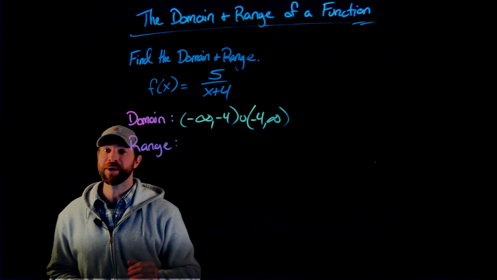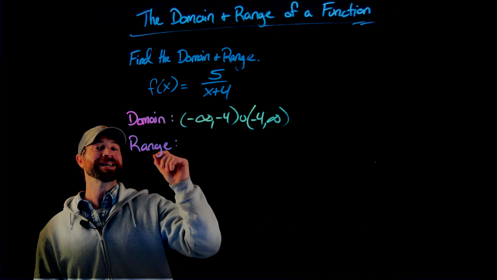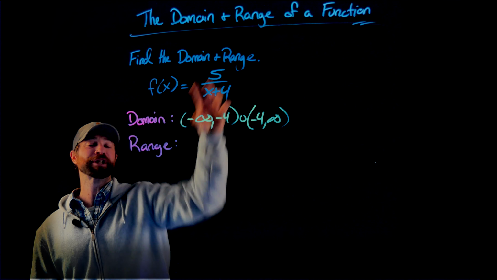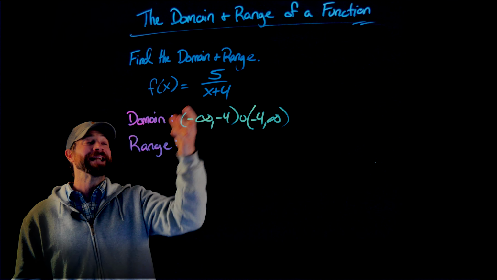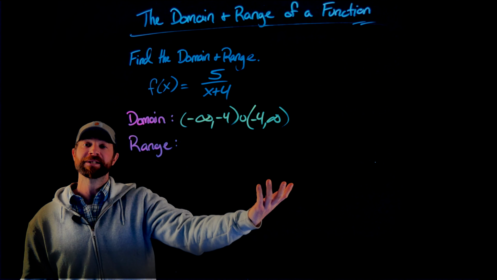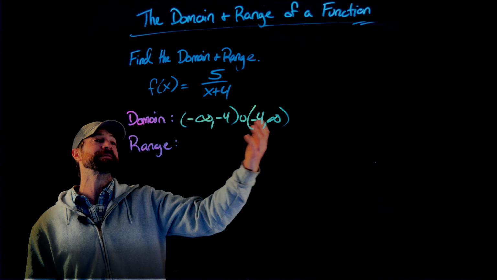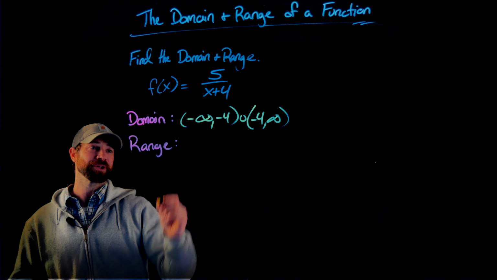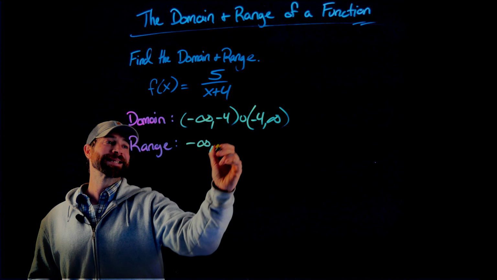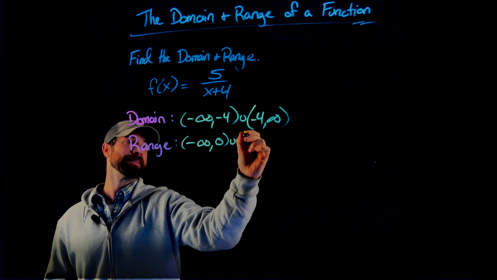The reason it won't output 0 is because the only way to get a fractional expression equal to 0 is if the numerator is 0. And it's obvious the numerator can never be 0. The numerator is always 5, no matter what I plug in. So the range is actually all real numbers except for 0.